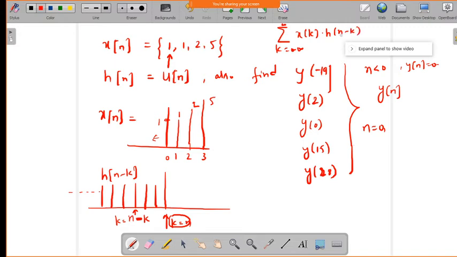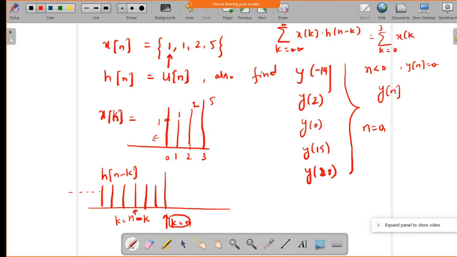Now put n equal to 0, it will be x of k into h of minus k. x of n can be written as x of k, and k varies from 0 to 3.